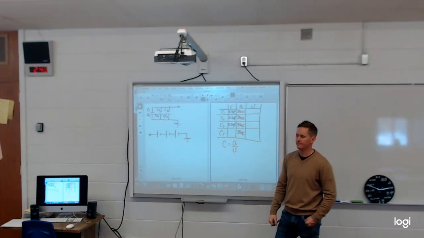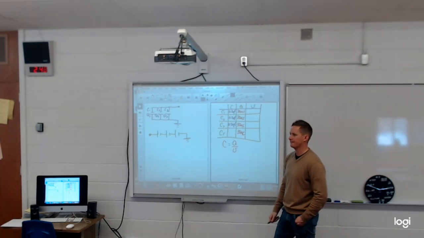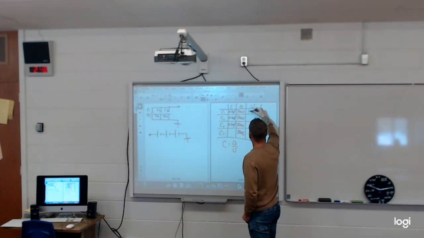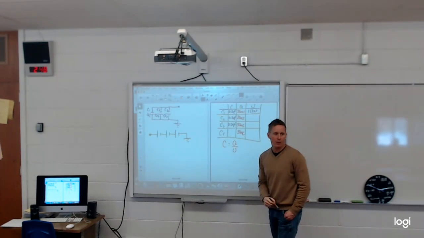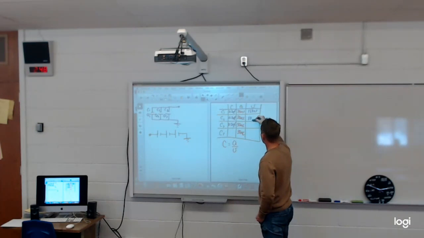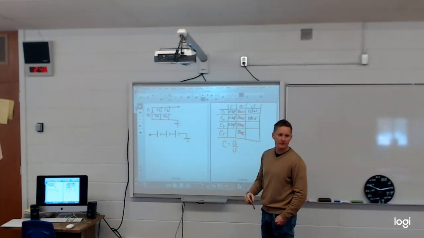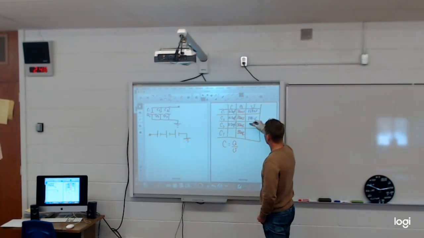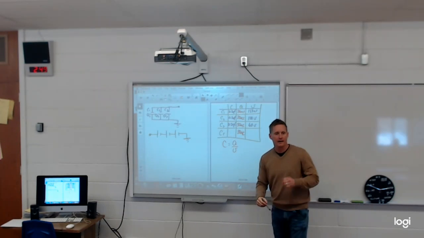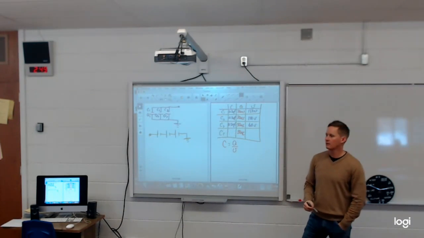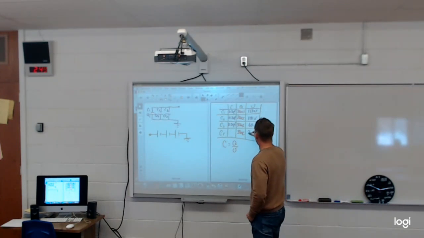What do you get? 150 volts. 30 divided by 0.3: 100 volts. 30 divided by 0.5: 60 volts. And when they're in series, how do I get my total voltage? I add them together: 310.